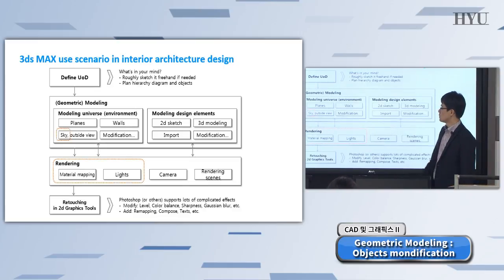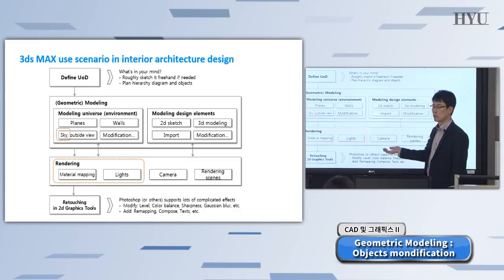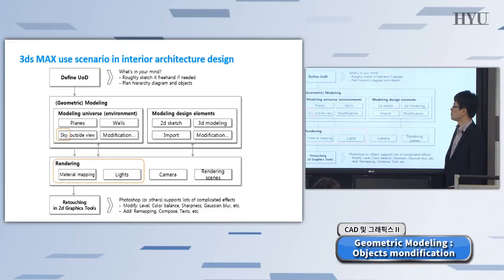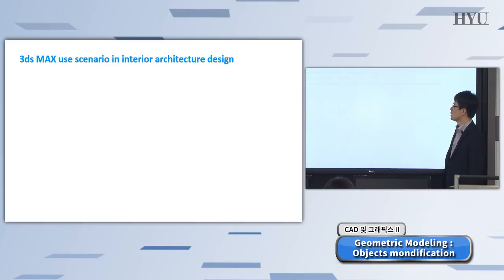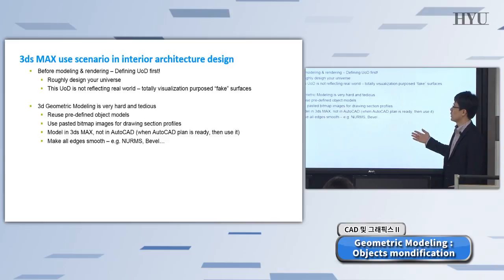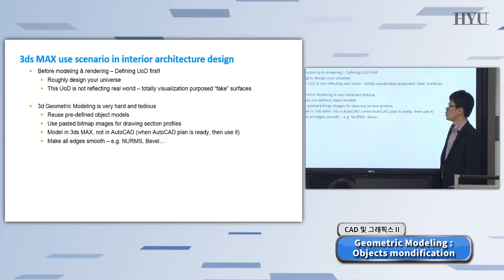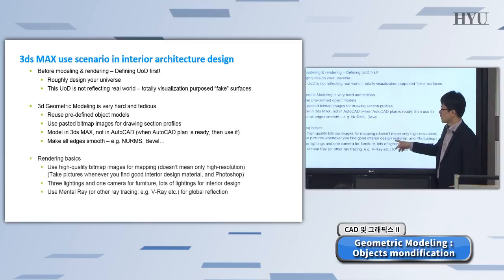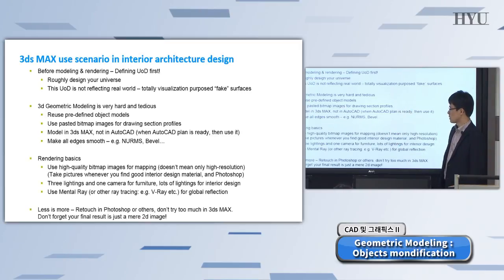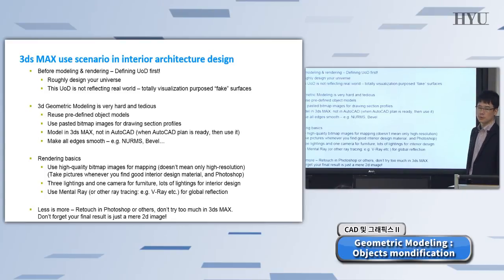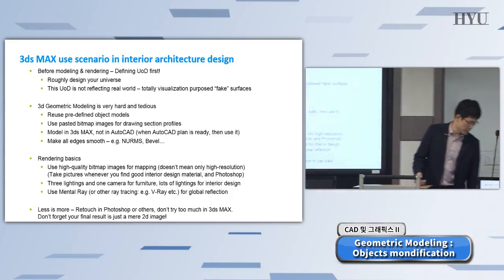So now we have learned some features, but we're gonna learn the rest of others in this semester. Some more user scenario, okay? UOD, defining UOD first, and geometric modeling, some tips and rendering tips, and some retouch for your final visualization, and so on. So this page also shows you some additional scenario for interior architecture design.